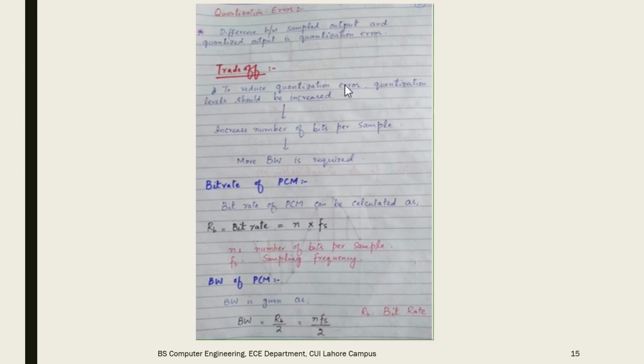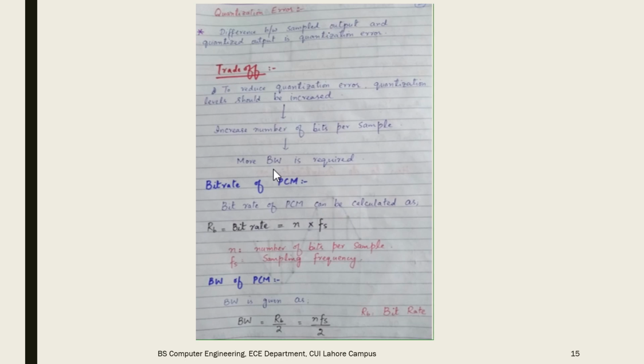What is the problem with increasing the quantization levels? It will increase the number of bits per sample, because when L increases, N will also increase. So more bits are required to represent each sample, and because of this more bandwidth is required. So it is basically a trade-off between quantization error and bandwidth.